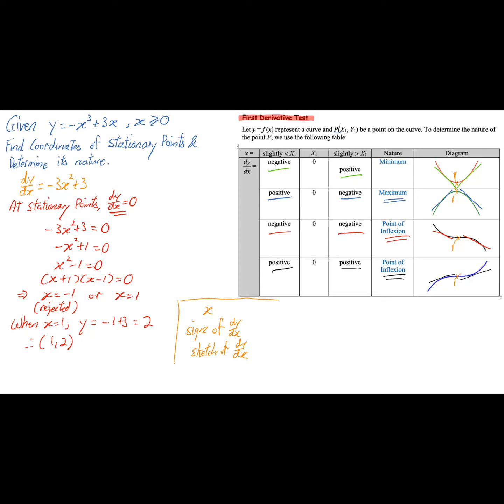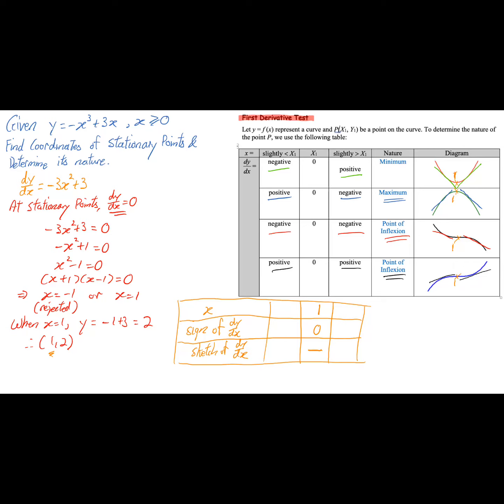So this is the table here. We're going to have 3 points. I have a value of 1. At this value of 1, you know that dy/dx is 0. So therefore it's a horizontal line.